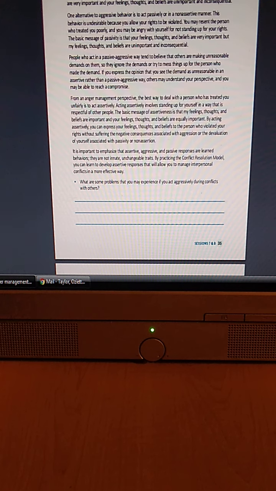One of the questions here is, what are some problems that you may experience if you act aggressively during conflicts with others? Well, of course, you're going to have verbal disputes that can be very self-deprecating, but also can make the other person feel less than a human being if it's too aggressive.